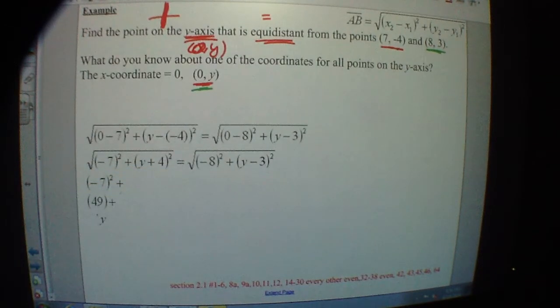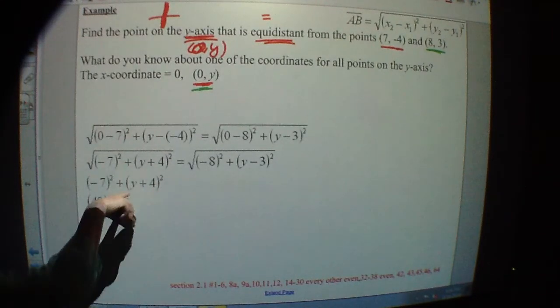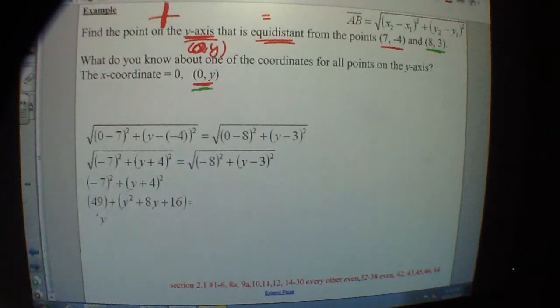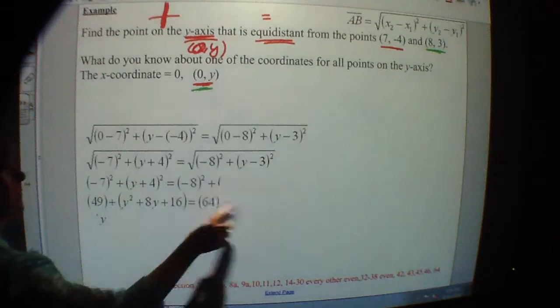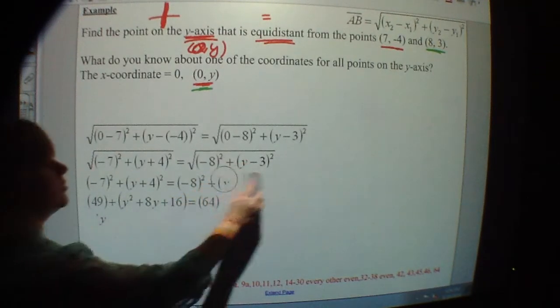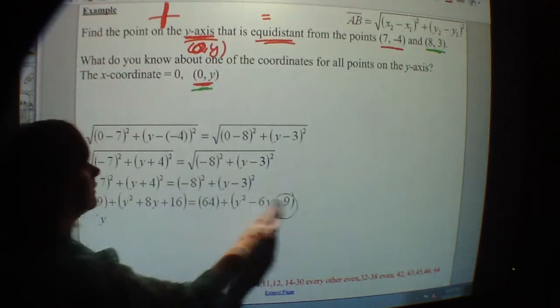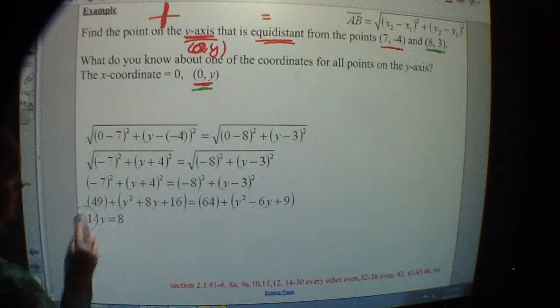So when you do that, take negative 7 squared, you get 49. Y plus 4 quantity squared is y squared plus 8y plus 16. That's 64. Here you have y squared minus 6y plus 9. And then combine your like terms and let's see where you get, okay?